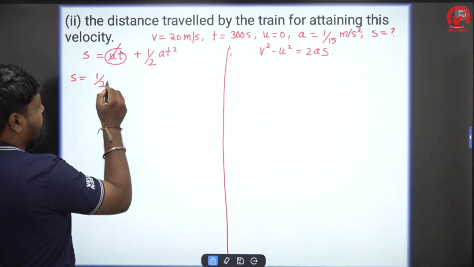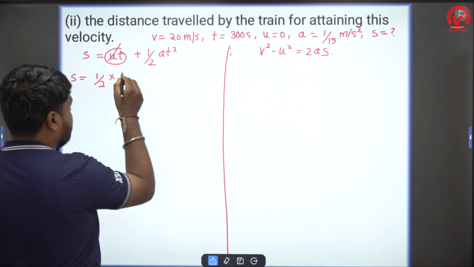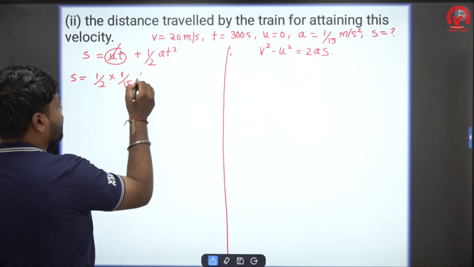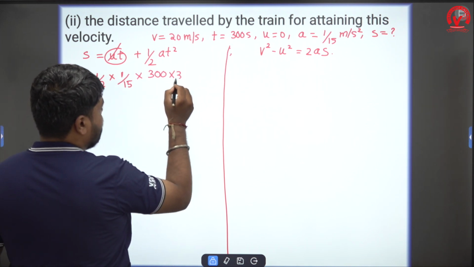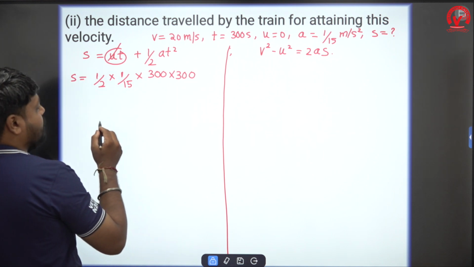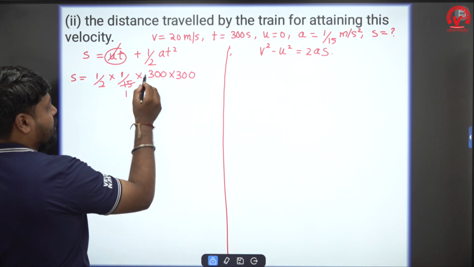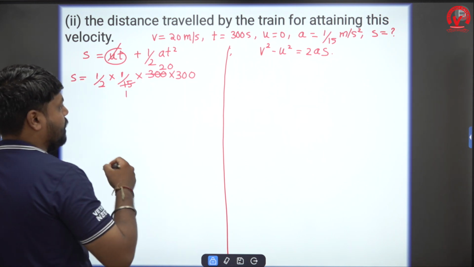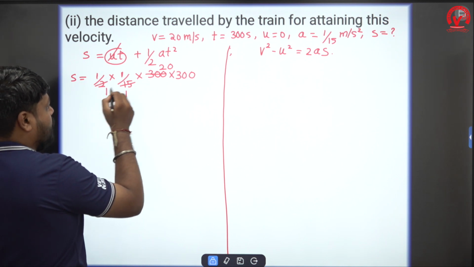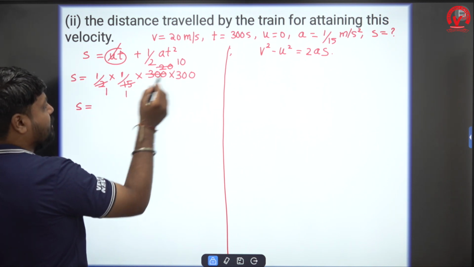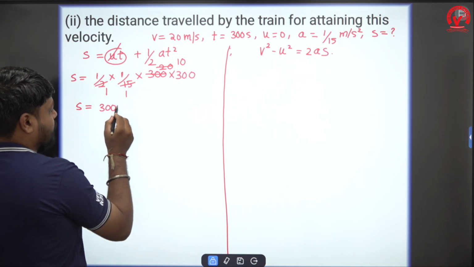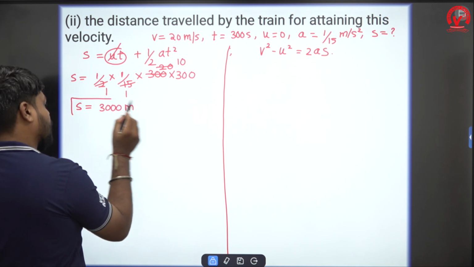So half into acceleration, 1 by 15, into time square, which is 300 into 300. 1 15 is 15, here 20 times. Am I right? Here 1 and here it is 10. So s is equal to how much? 10 into 300 is 3000 meter. How much? 3000 meter.